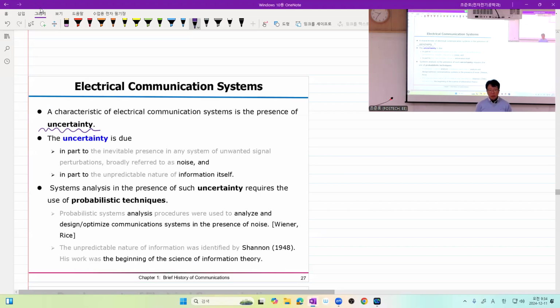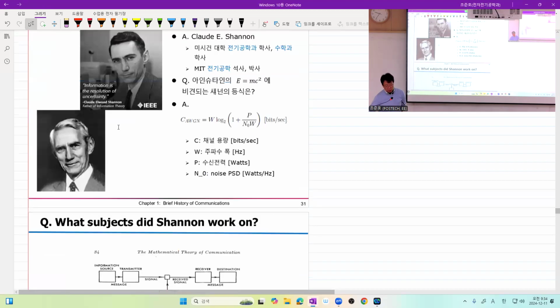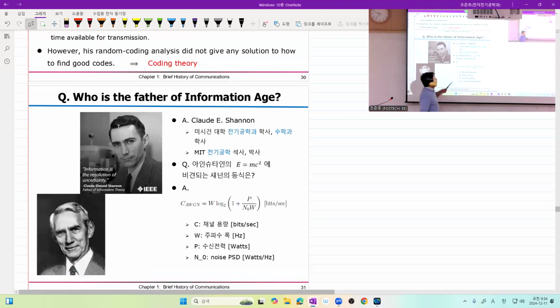That is quite interesting because Claude Shannon, whose picture we will see again here, was also an electrical engineer. As his career says, he was an undergraduate student in electrical engineering at the University of Michigan. Interested in mathematics, he minored in mathematics with emphasis on probability and statistics.